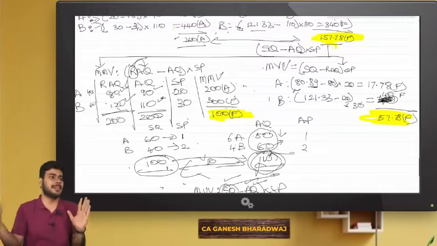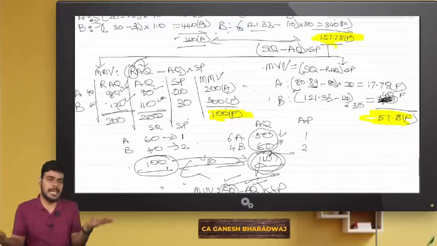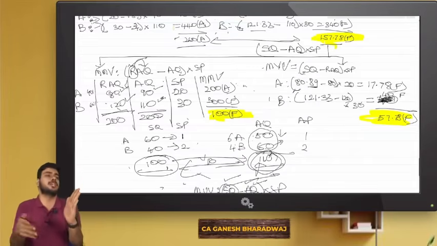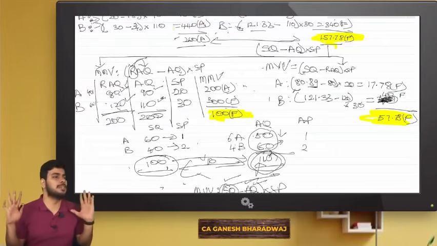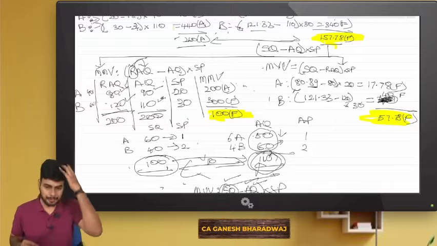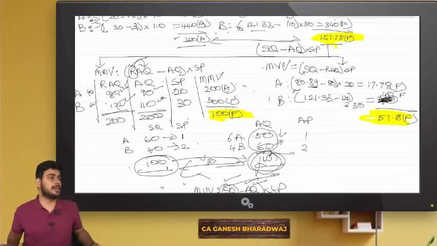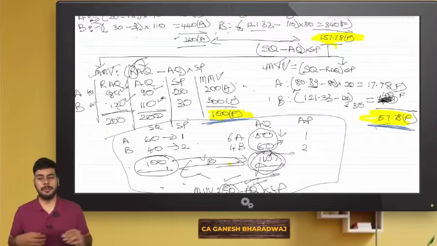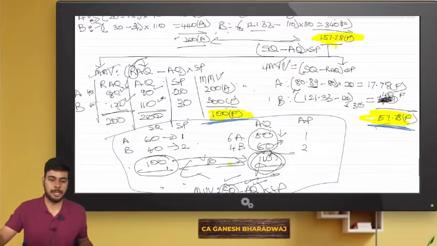The balancing figure is material yield variance, or it can also be understood logically: standard quantity minus revised actual quantity into standard price. Are you clear with this? Quickly note this down and then we'll break. Okay, fine. So we'll break now. Thank you so much.